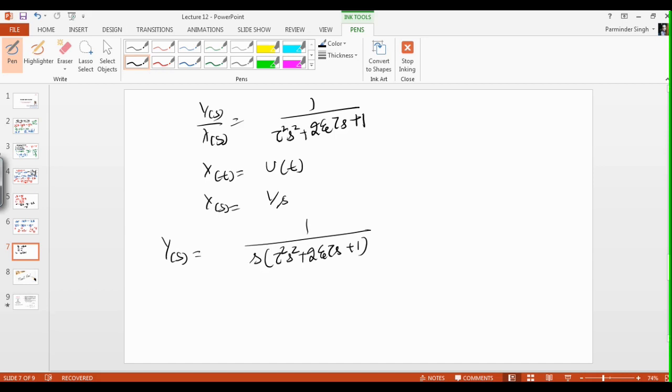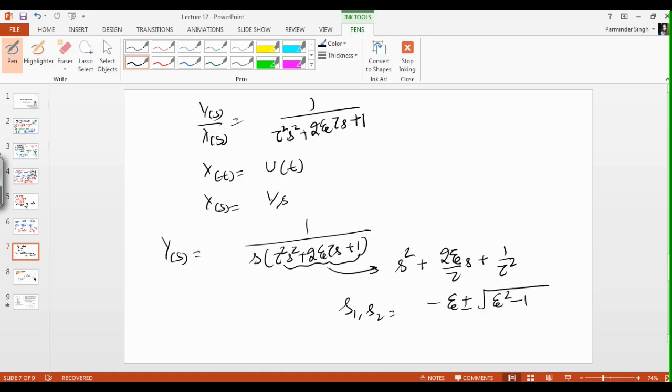Clear? This second order system can also be represented as s square plus 2 zeta by tau s plus 1 over tau square, whose roots can be calculated as s1 and s2, which will be nothing but minus zeta plus or minus square root of zeta square minus 1, upon tau. Clear?